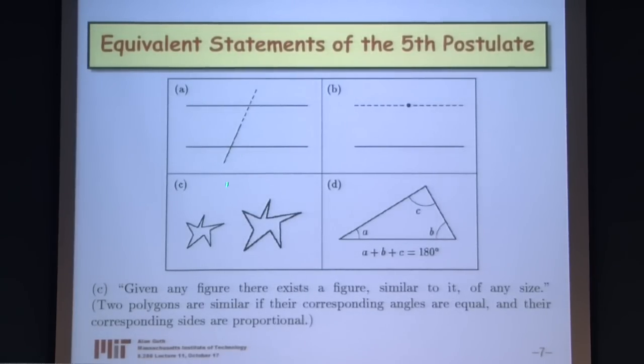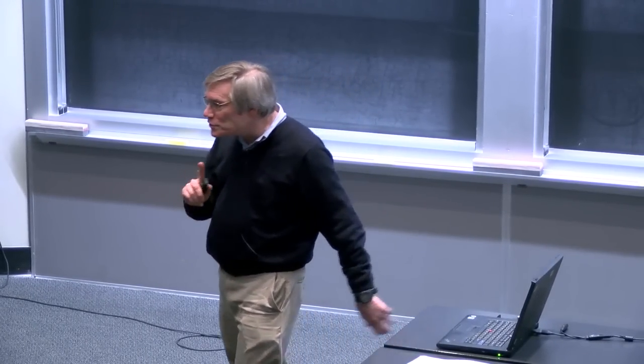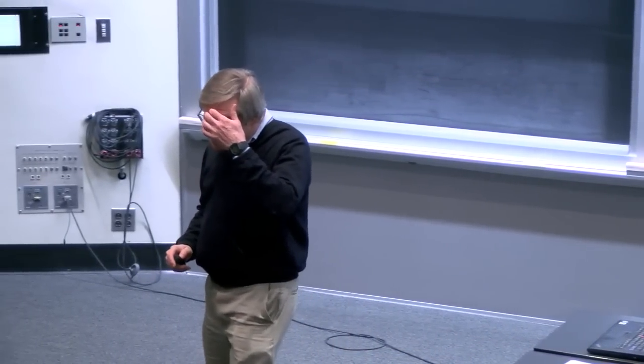If one has a figure, one can construct a figure which is similar to it of any size. And finally, the famous statement about the sum of the angles that make up the vertices of a triangle. If there exists just one triangle for which it's 180 degrees, then that's equivalent to the fifth postulate, and you can prove that every triangle has 180 degrees.